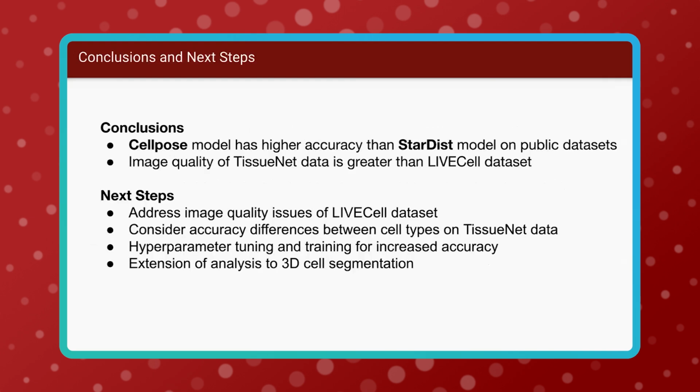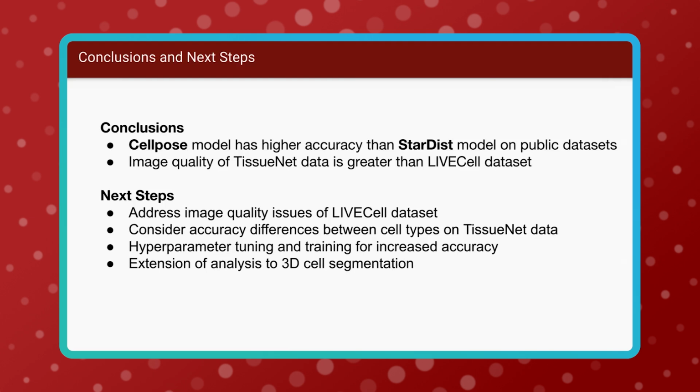And then just wrapping up with conclusions and next steps for this project. Conclusions: we found that the Cellpose model has a higher accuracy than the StarDist model on public datasets, that is TissueNet and LiveCell, and that the image quality of the TissueNet data is much better than LiveCell, which may have contributed to those results.